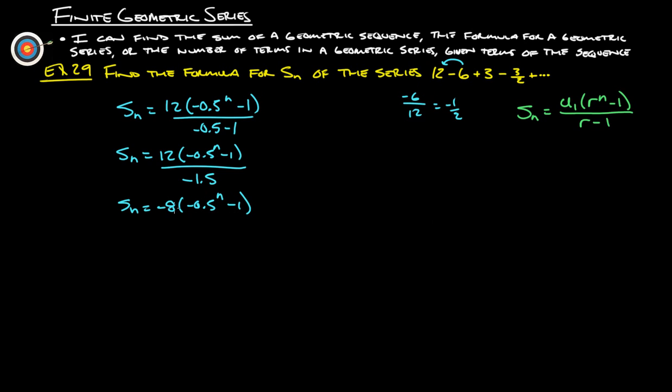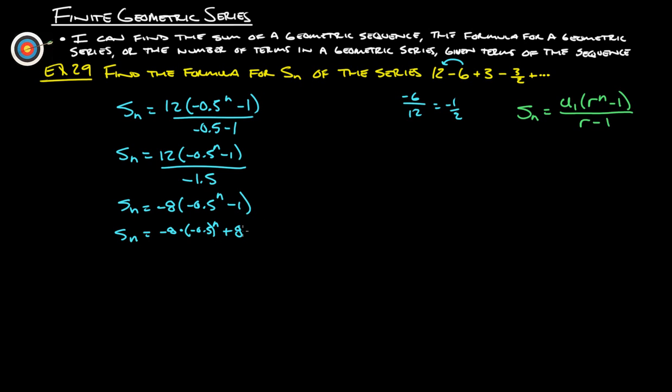We could distribute this through and get negative 8 times negative 0.5 to the n, and then negative 8 times negative 1 is plus 8. We could write it either way. I'm not sure which one's easier.